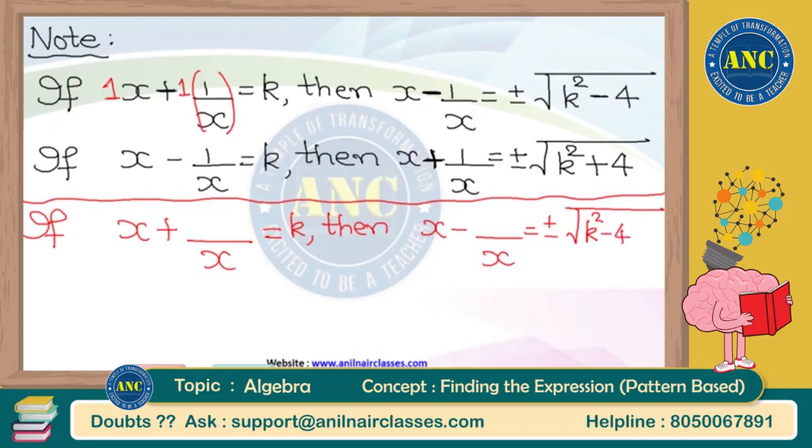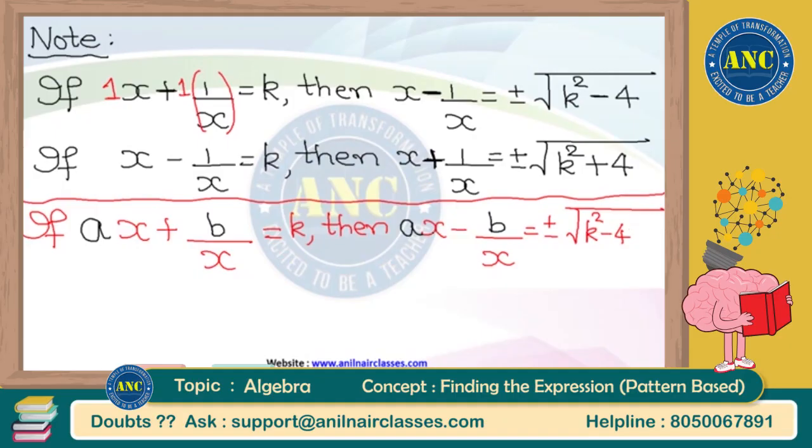But instead of having the coefficient of x as 1 and the coefficient of 1 by x as 1, let my coefficient of x be a and the coefficient of 1 by x be b.